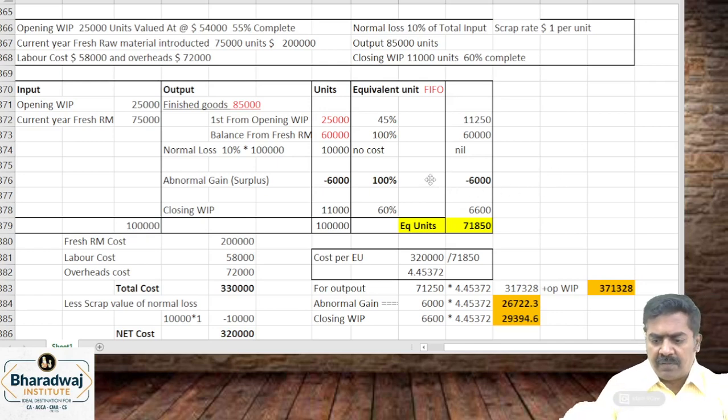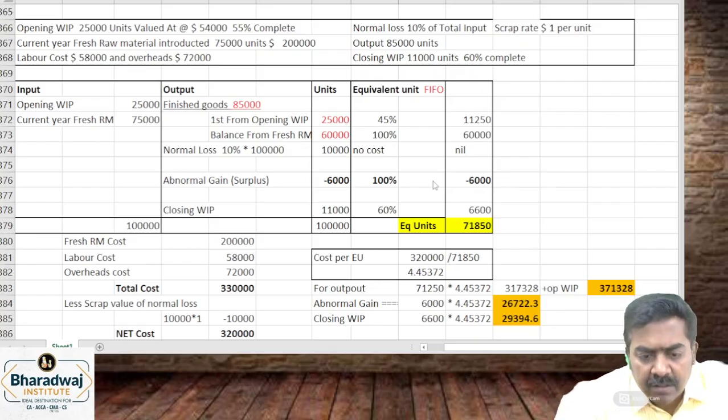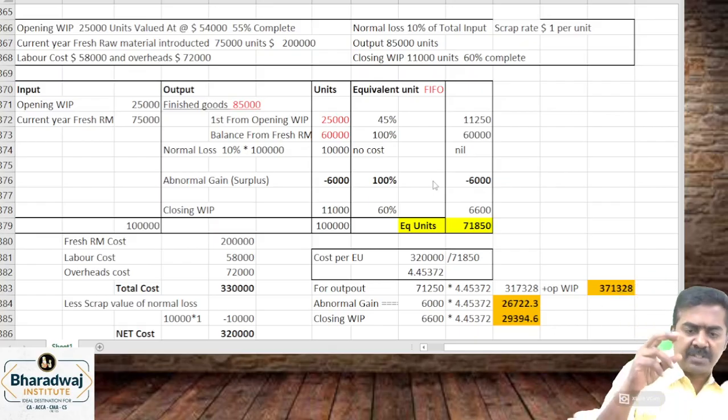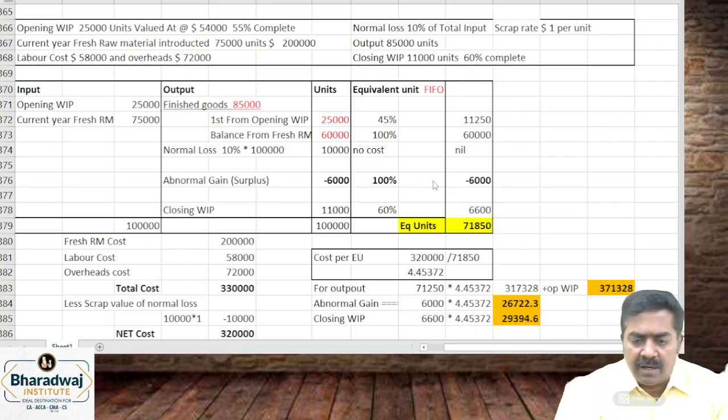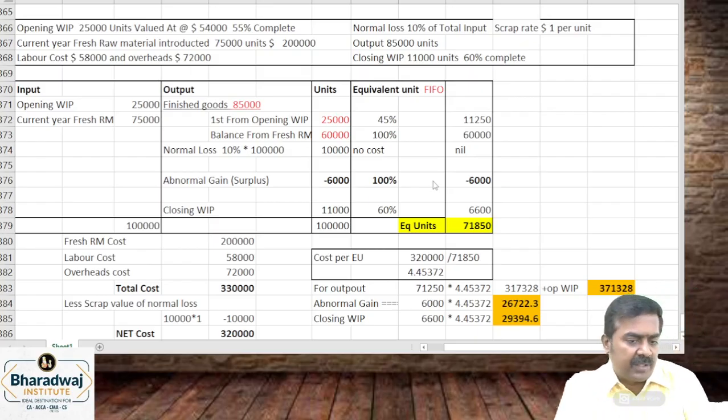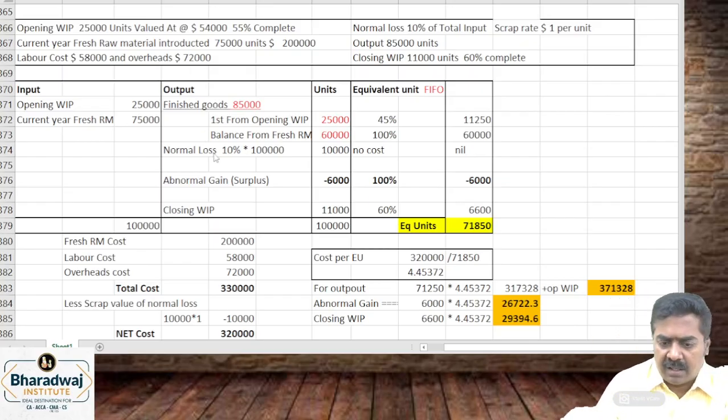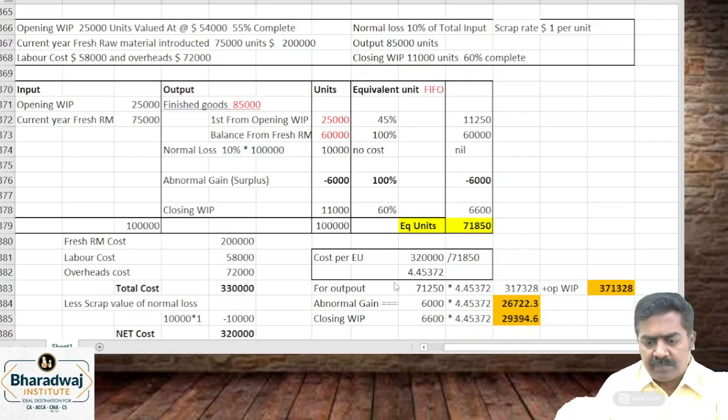So whatever we have done is, which method? First in, first out method. First we take opening WIP and finish. Then we take fresh raw material like that. We follow which method? First in, first out. Where we take current cost divided by equal units, we get net cost. Then we work out cost per equal unit.